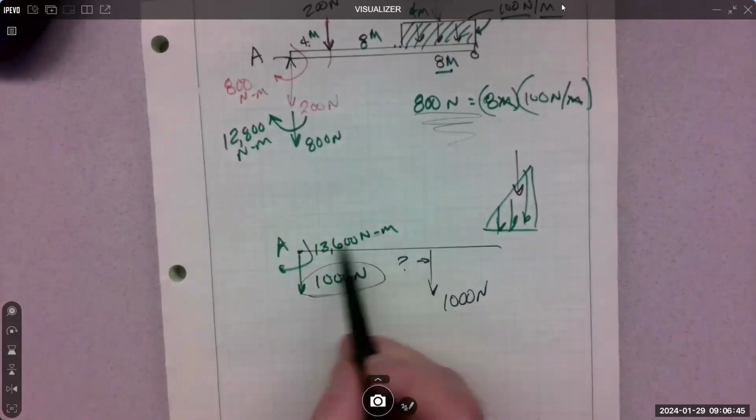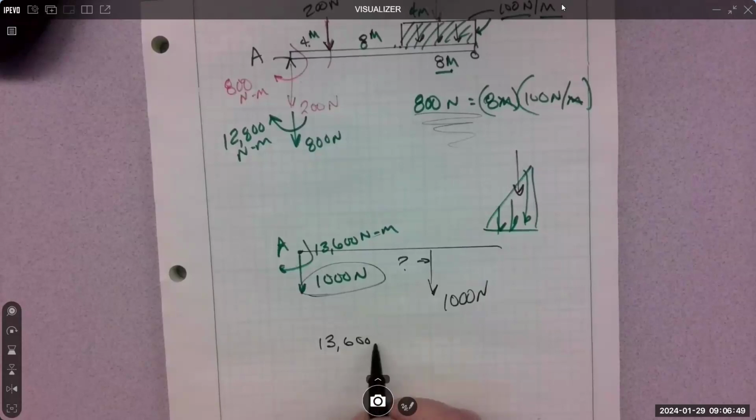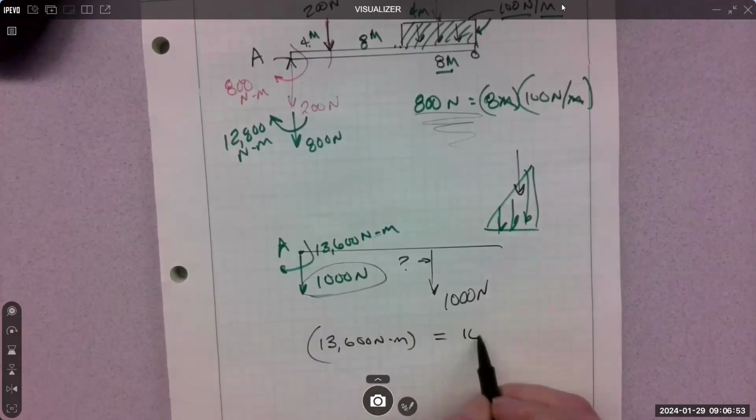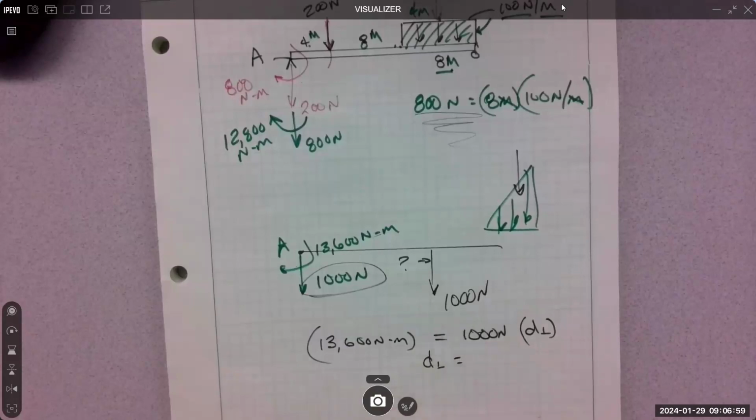So this is the moment. 13,600 newton meters equals force 1,000 newtons times the perpendicular distance. Just move your decimal 3 places and it is 13.6 meters.